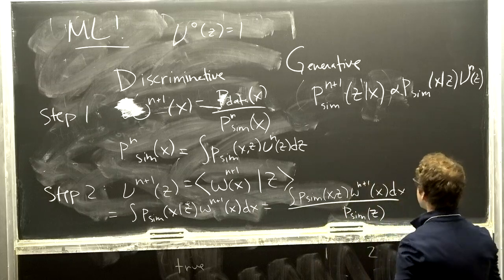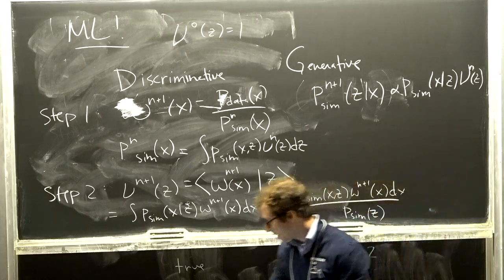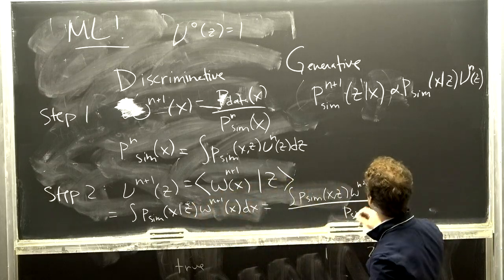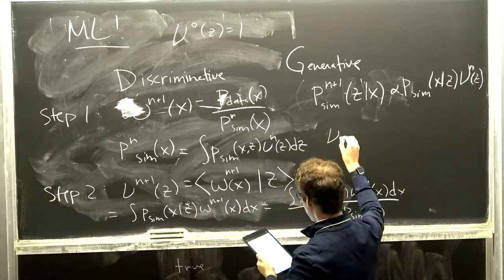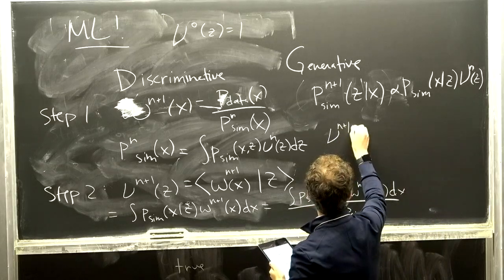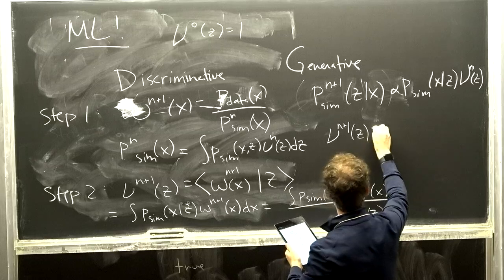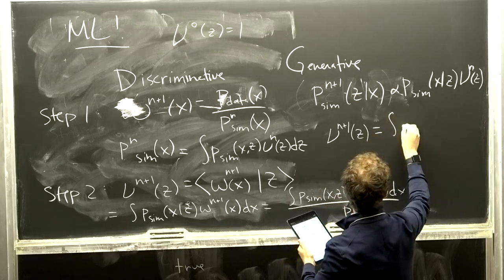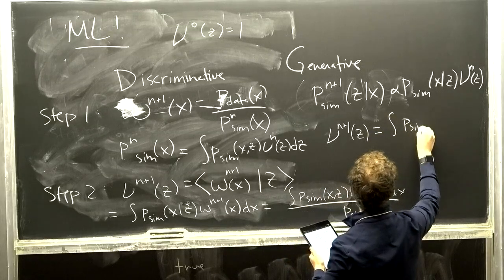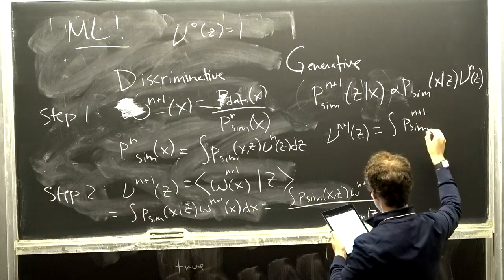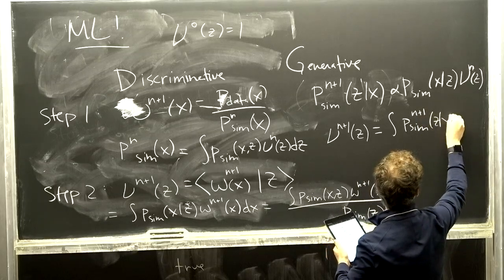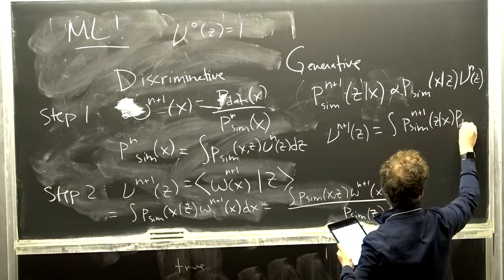And then step 2 is basically the same as for the discriminative case. So there's n plus 1. This is now data.